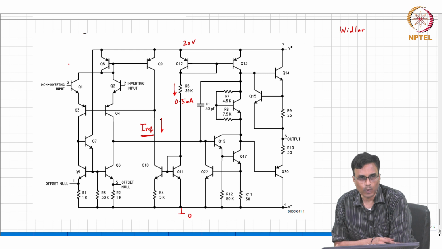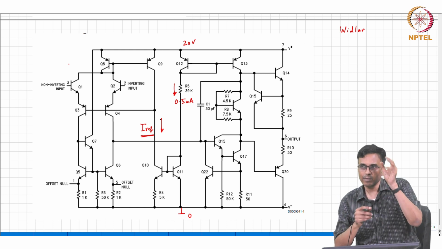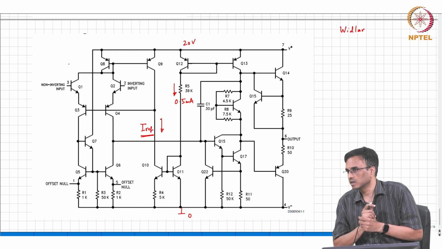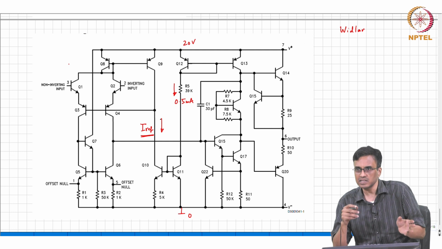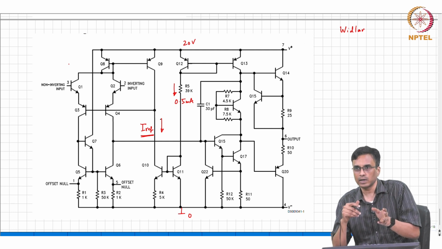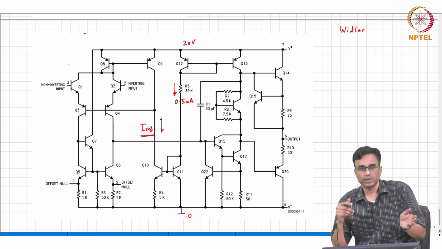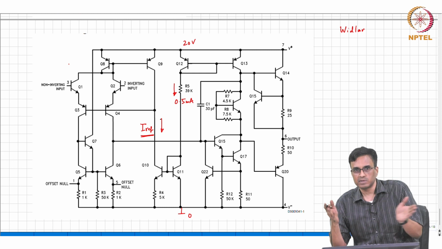If I changes, the quiescent current changes, what comment can we make about the current in the input pair? It will change. If the current changes, what comment can you make about GM1? Changes. So, what happens to the dominant pole frequency, or what happens to the unity gain frequency? That also keeps changing, right.